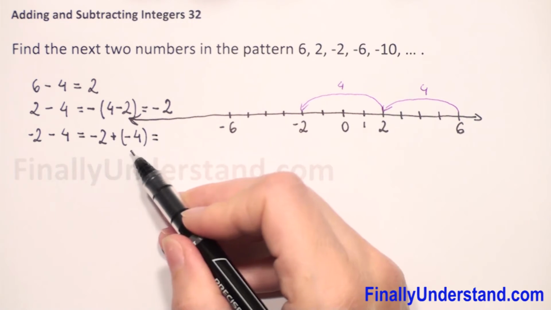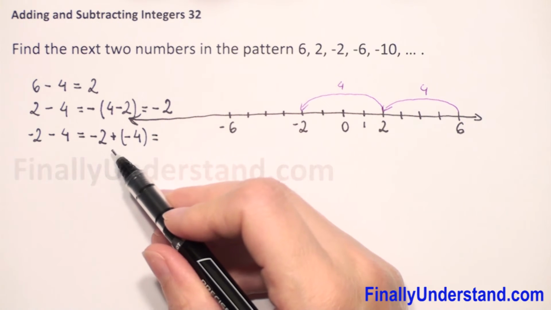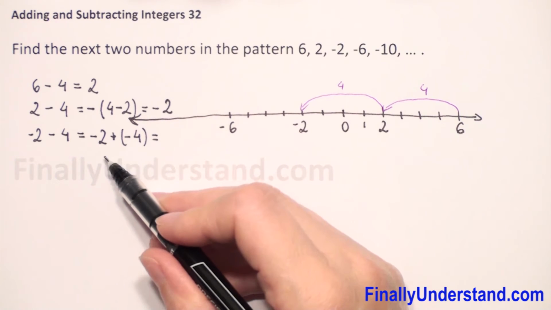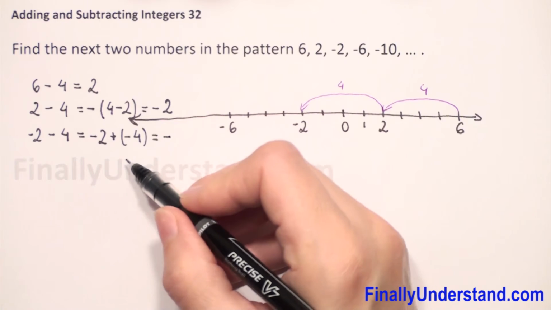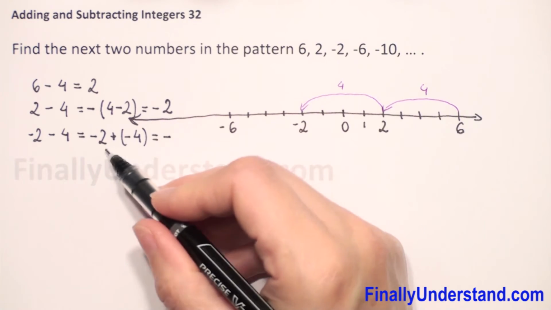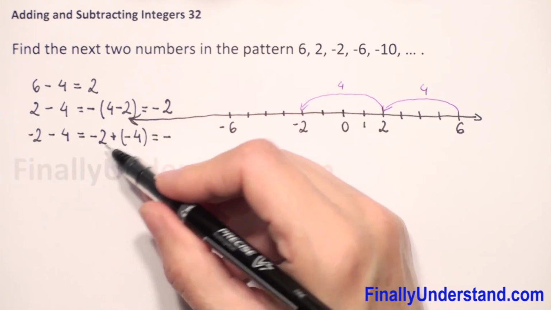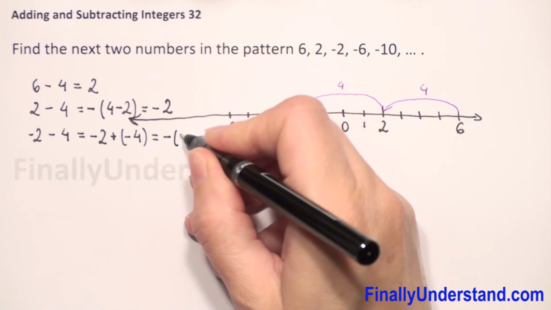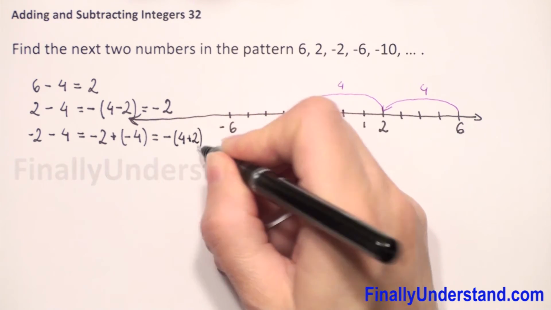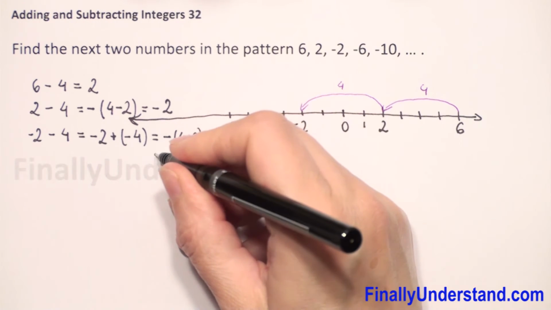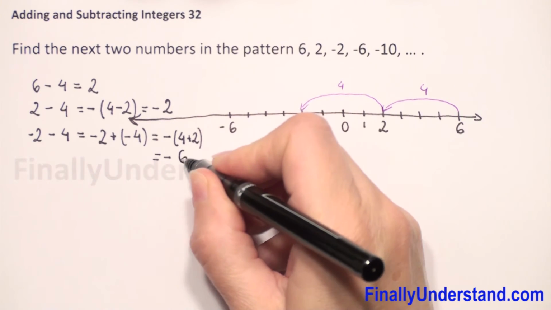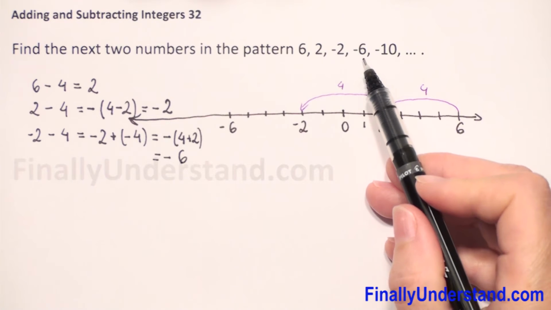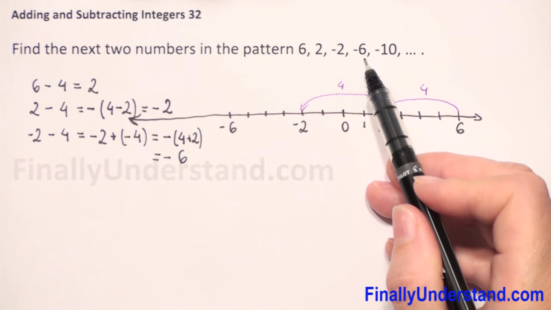And now when we have two numbers with the same signs, we keep this negative sign, and we just add these two numbers. So 4 plus 2, let me write this, 4 plus 2. So this is equal to negative, we rewrite the negative sign, 4 plus 2 is 6. And we see that we got the fourth number of our pattern.